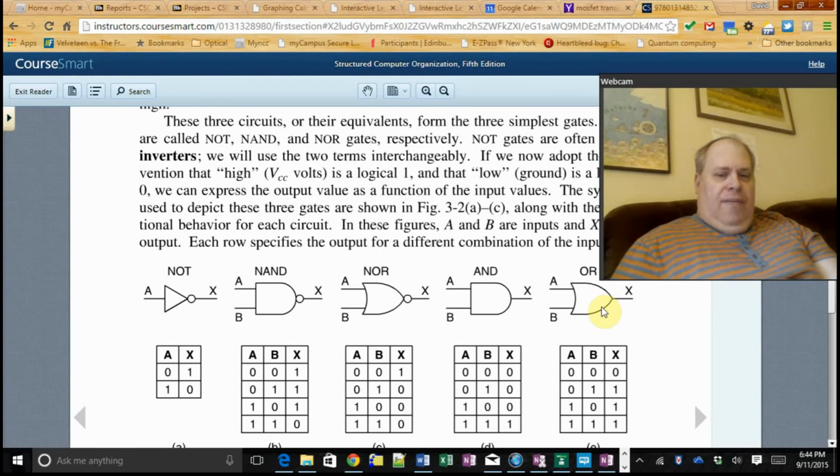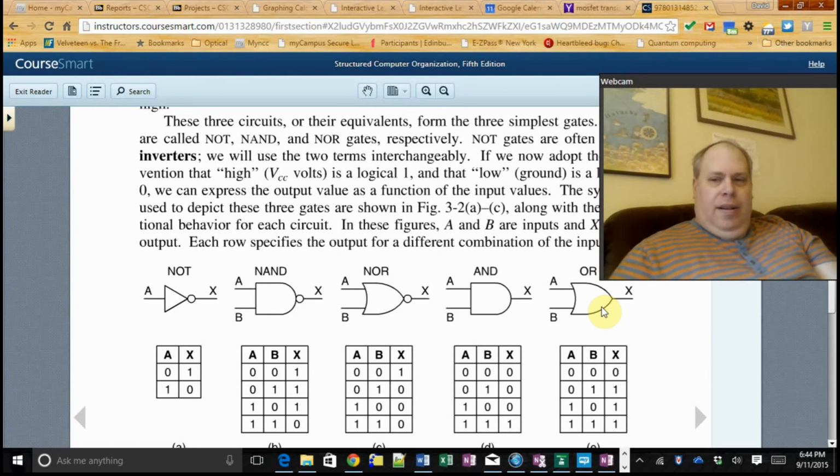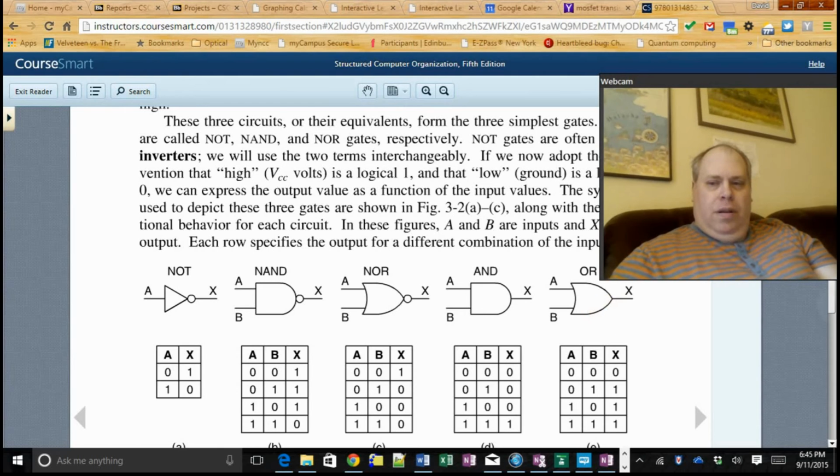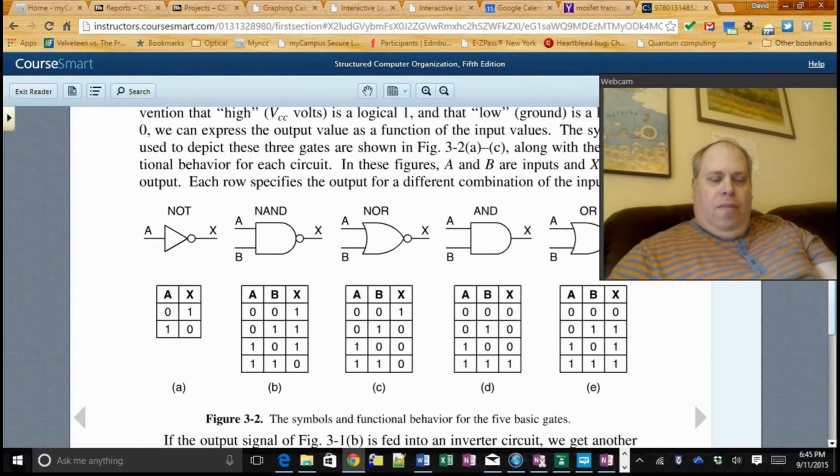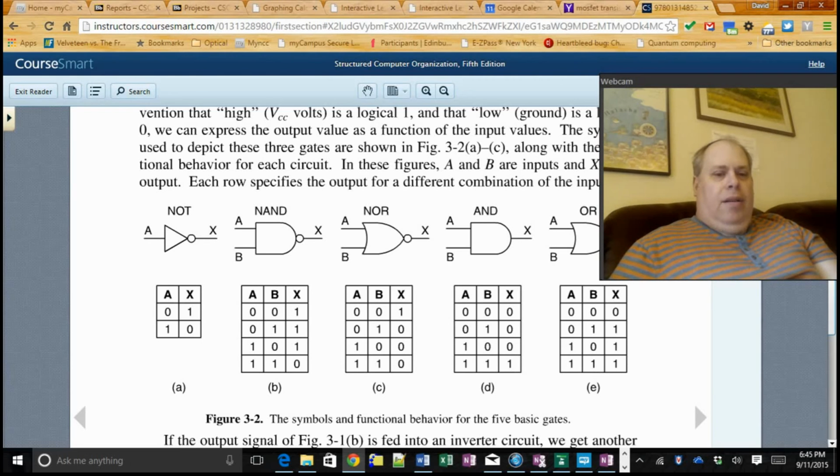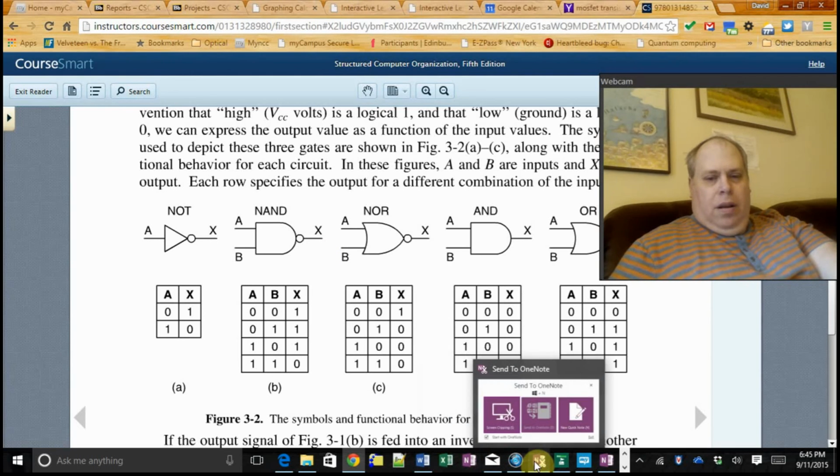And they even have little truth tables down there for the whole thing. So this is the symbology we use, in figure 3.2. I'm going to give you one more symbol a little later, when we want to refer to NOT NAND and NOT NOR.